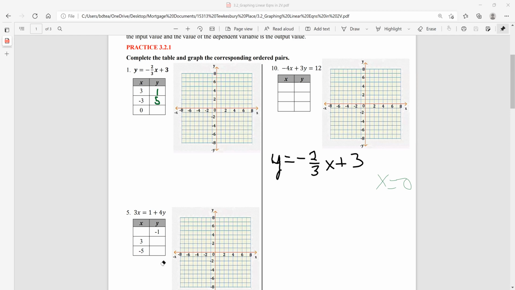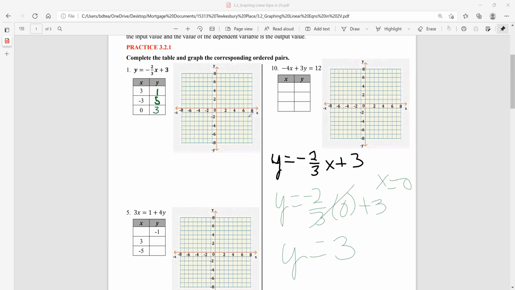So when x is 0, we have y equals negative 2/3 times 0 plus 3. And of course, 0 cancels here, so y equals 3. So when x is 0, y is 3.